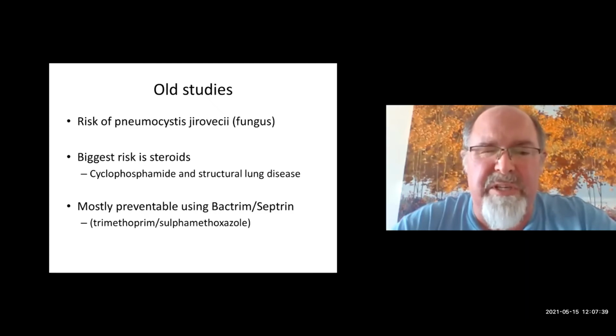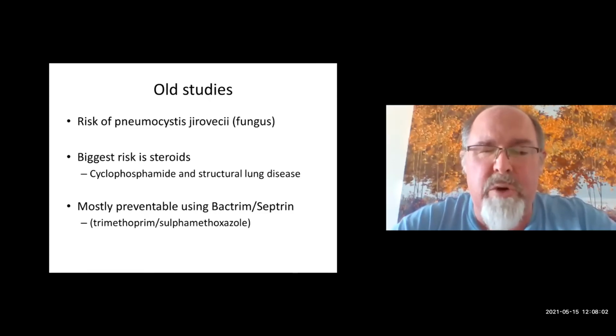But the biggest risk, as I said, is steroids, and then cyclophosphamide, and then what we call structural lung disease. So if you have lung damage from vasculitis, typically an ANCA or PR3 vasculitis, you are at much greater risk of developing this infection.